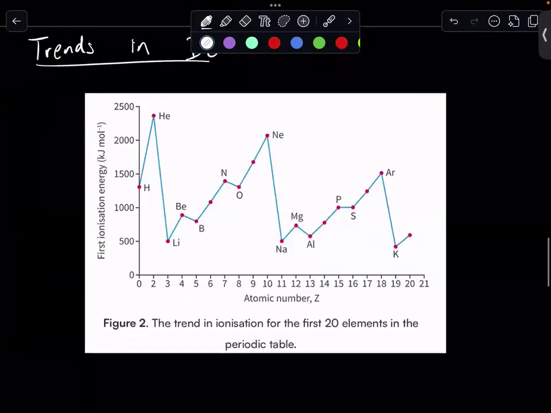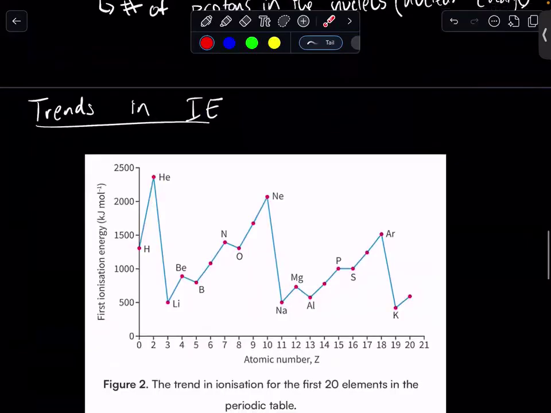In this image, we can see a couple of things. First, it's talking about first ionization energy. All that means at this point is that you're removing one electron, the first electron from that atom. You'll notice between hydrogen and helium, it is harder to remove an electron from helium. You can try and start figuring out why that might be. Helium has 2 protons, while hydrogen has 1 proton. So it should take about double the force, and it kind of does.